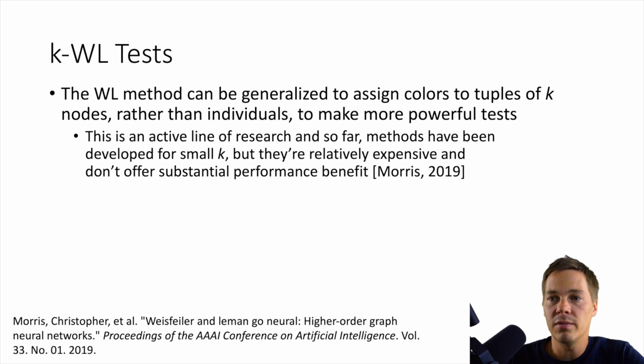And methods have been developed, but they're relatively expensive and so far haven't offered substantial performance benefits on the types of benchmarks we typically use for GNNs, which admittedly are often simple data sets. So maybe these will prove useful for more complicated data sets, or maybe they'll become more scalable, but right now it's an interesting theoretical work, but probably not something you have to worry about practically.